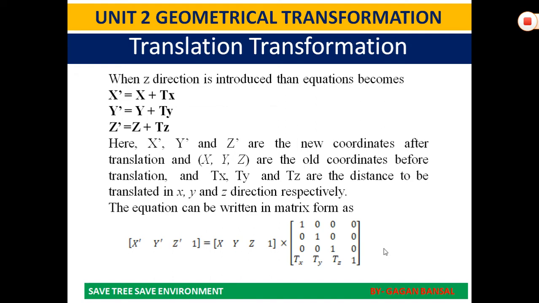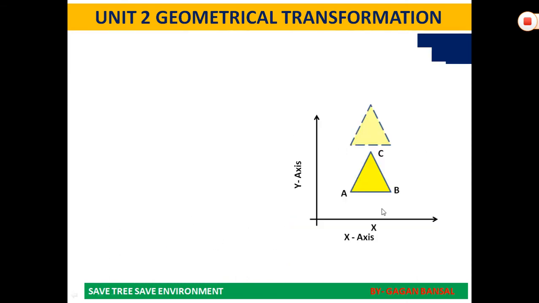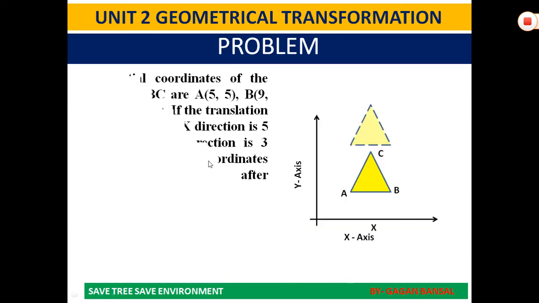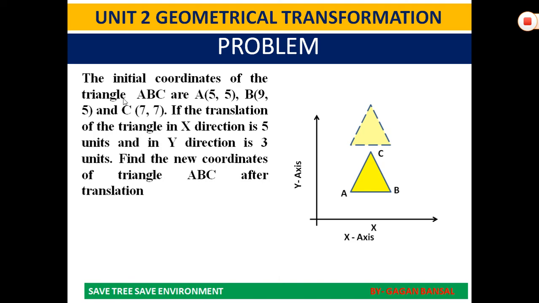Now for your convenience or for your learning, let me give you one small problem. You can write it down also. The initial coordinates of the triangle ABC are A 5, 5, B 9, 5 and C 7, 7. If the translation of the triangle in the x direction is 5 units, that is tx is given, and in the y direction is 3 units, find the new coordinates of triangle ABC after translation.